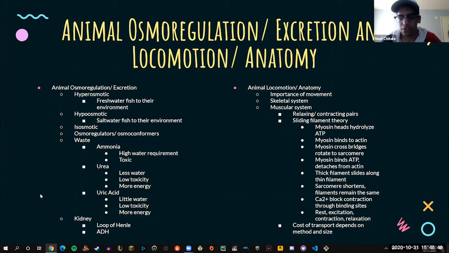And then we have the muscular system, which is basically all the muscles that you have that help you contract, whether it be your biceps, your triceps, your quads, whatever it is. They're all over your body and they surround your bones. And the important thing to remember about the muscular system is essentially how muscle contraction happens.